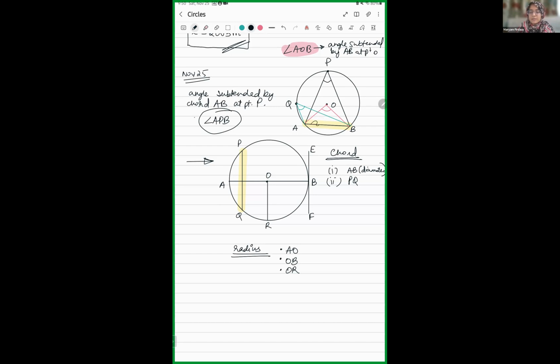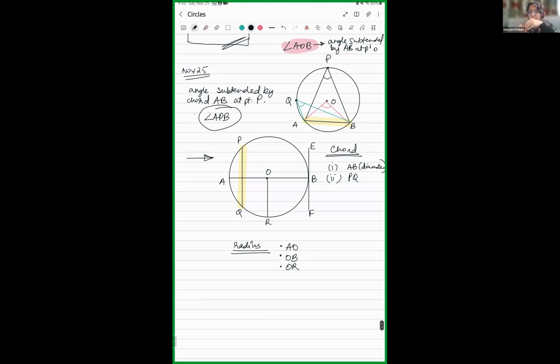Name of the angle subtended by AB at point Q. Abdul Jabbar, would you like to try? Name of the angle subtended by the chord AB at point Q. Then you can write the answer in the chat box.